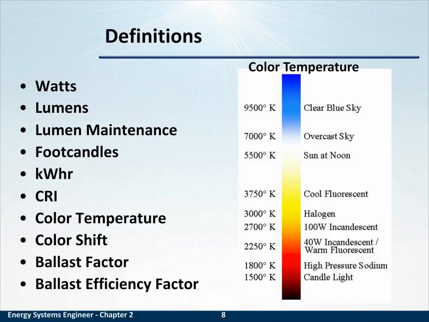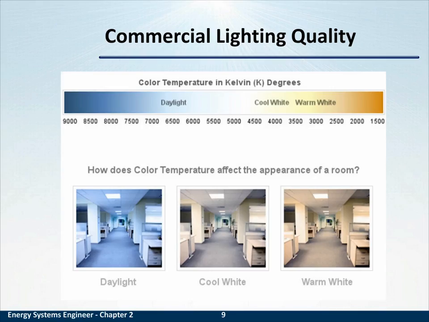Be familiar with these terms, because as we said, we want you to be able to be engaged in the conversation when the conversation turns to lighting. The last two terms, the ballast factor and ballast efficiency factor, will be especially important as you begin to study and understand the working together of a lamp efficiency and ballast efficiency.